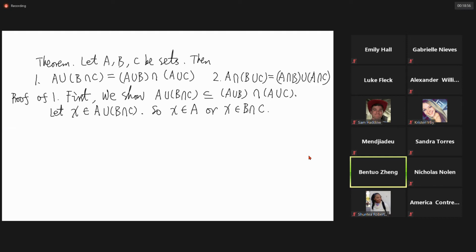So we should look at both cases. If X is in A, then of course X is in A union B, because A union B is larger than A; it contains both the elements in A and the elements in B. And similarly, X is also in A union C, because A union C is larger than A.